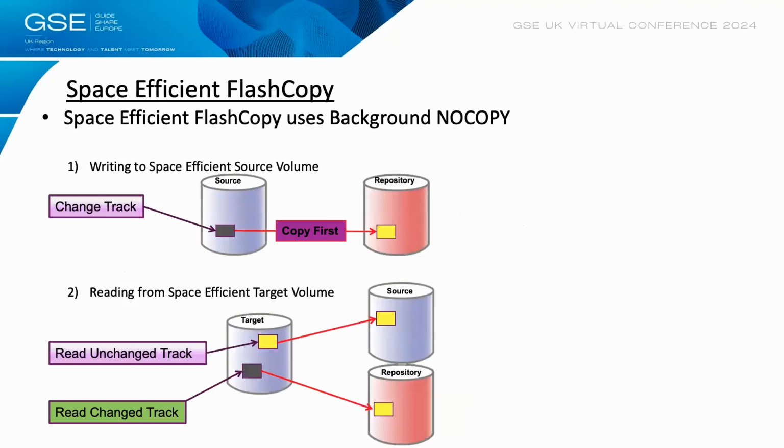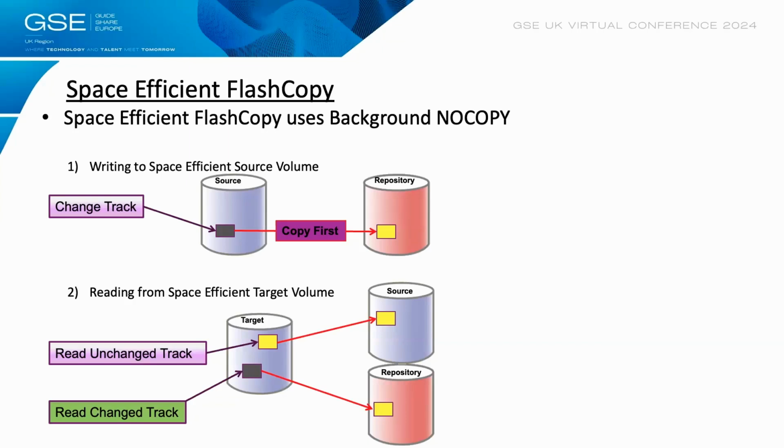So what happens with the space efficient volume? If you go right into the space efficient volume, again we do the copy first, but we're copying into the repository. Now if we're reading from a space efficient target volume, if we want to read an unchanged track, we get pointed to the source.